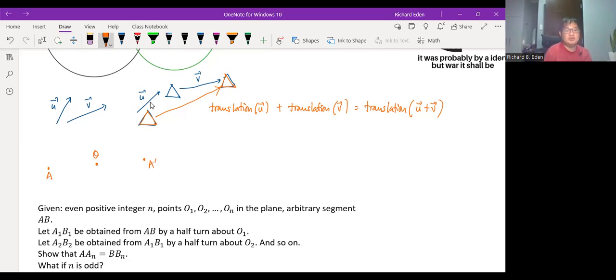But now if you act on A prime and perform another half turn, that's just going to bring you back to A. Diba? So it'd be interesting what if the center was another point? So yun ang mga titignan natin, mga iba't ibang combinations.